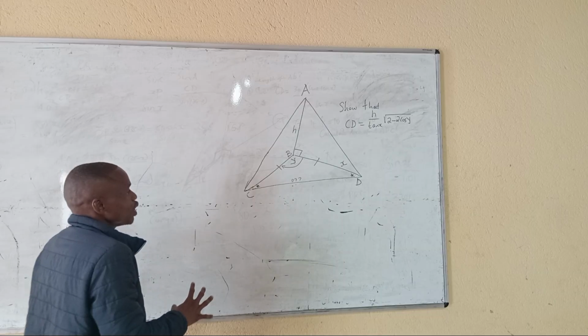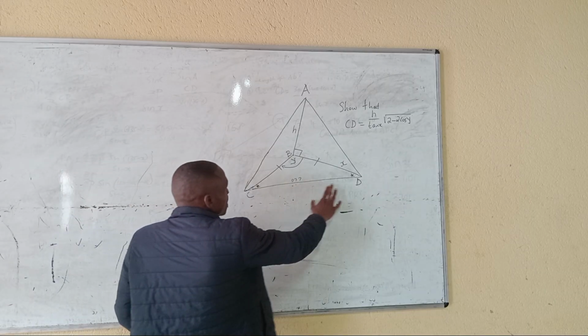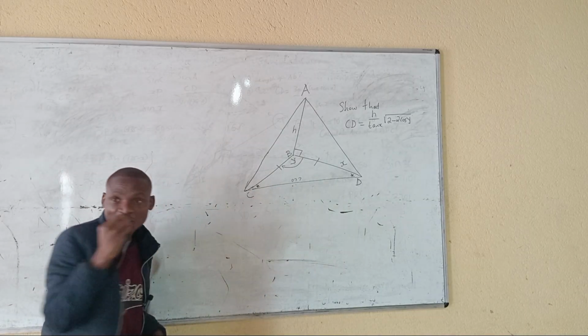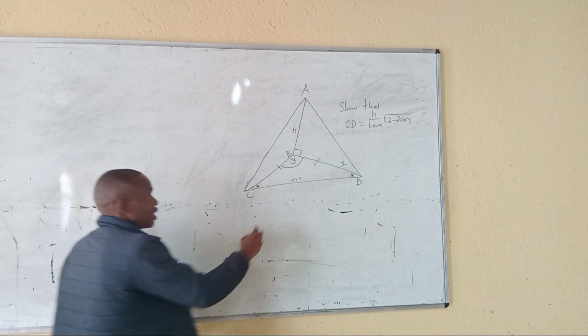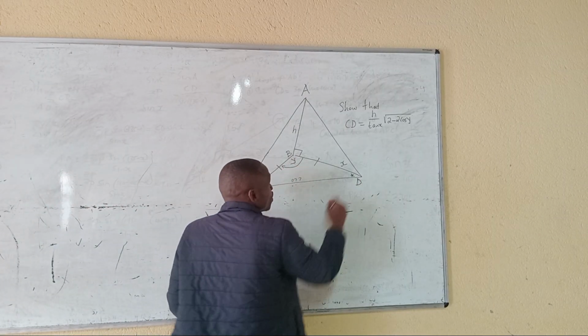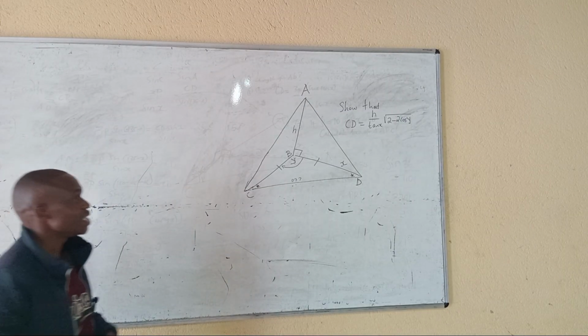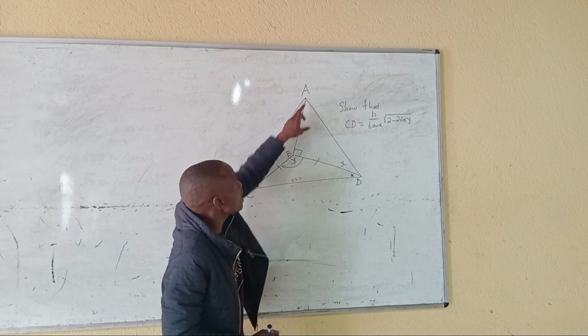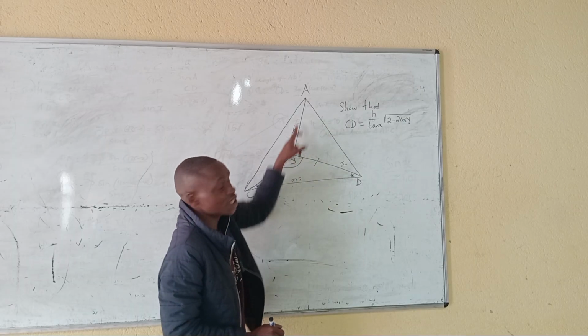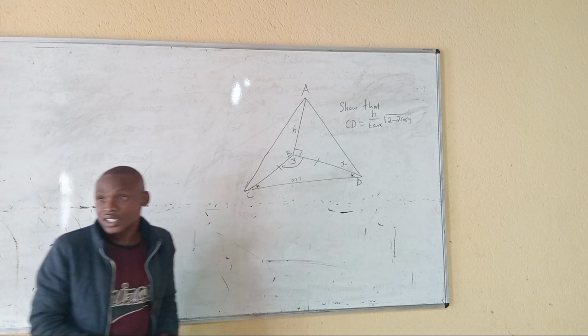Okay, so now in order for us to find CD, we have to first find the dimension of BD. We have to find the length of BD using triangle ABD, which is a right angle triangle.